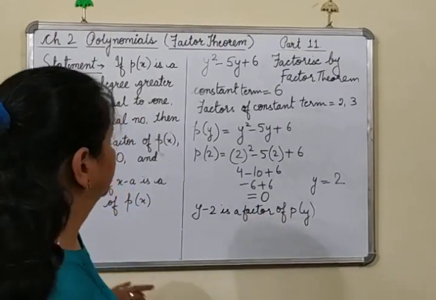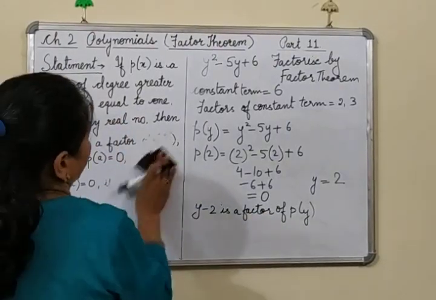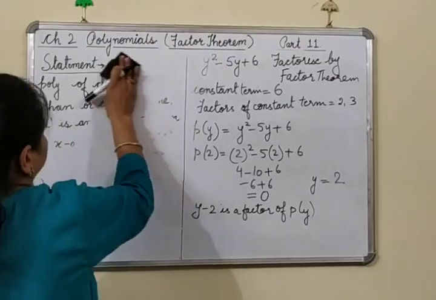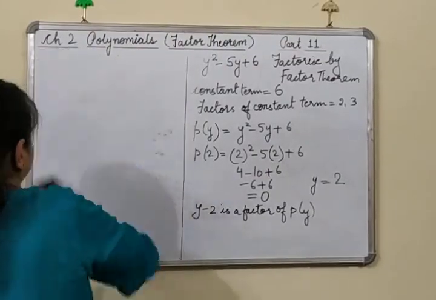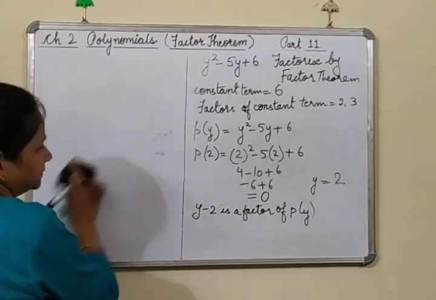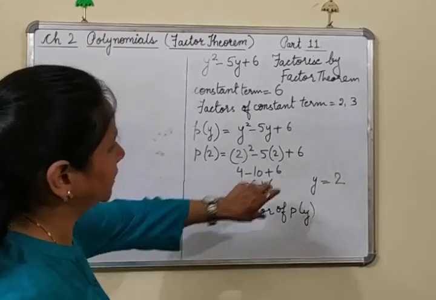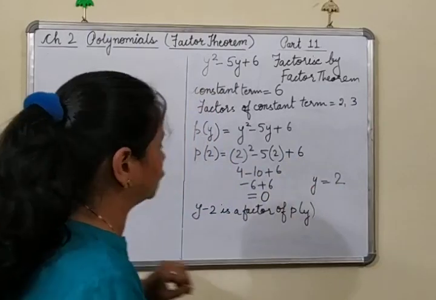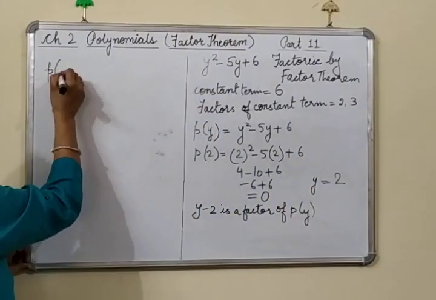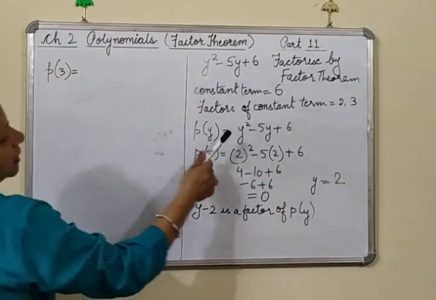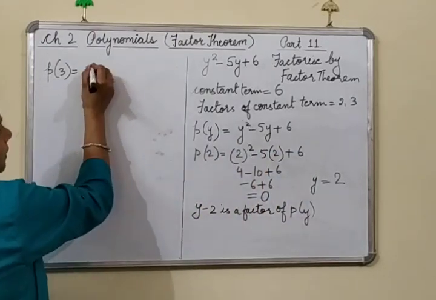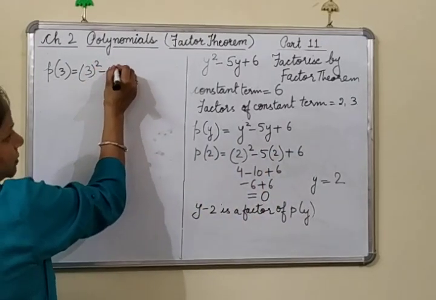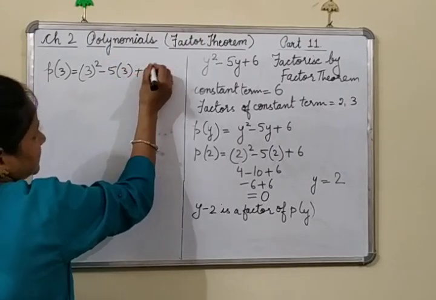Now next, we have to take 3 in place of y to see whether this will be a factor or not. We have taken 2, now we will be taking 3. That means p of 3, when we put 3 in place of y everywhere in this polynomial: 3 square minus 5 into 3 plus 6.